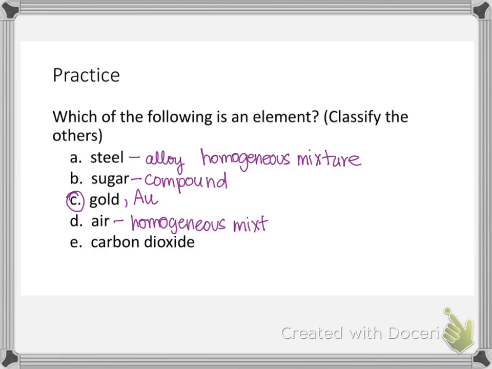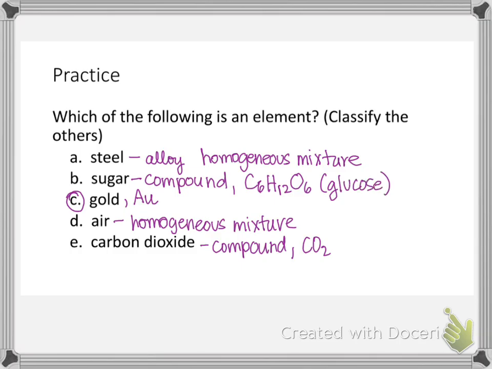And carbon dioxide is a compound. This is CO2. Sugar, there's different forms. I'll do glucose again, but there's different forms. They all have carbons, hydrogens, and oxygens, but in different amounts. Okay, so let's try another one.